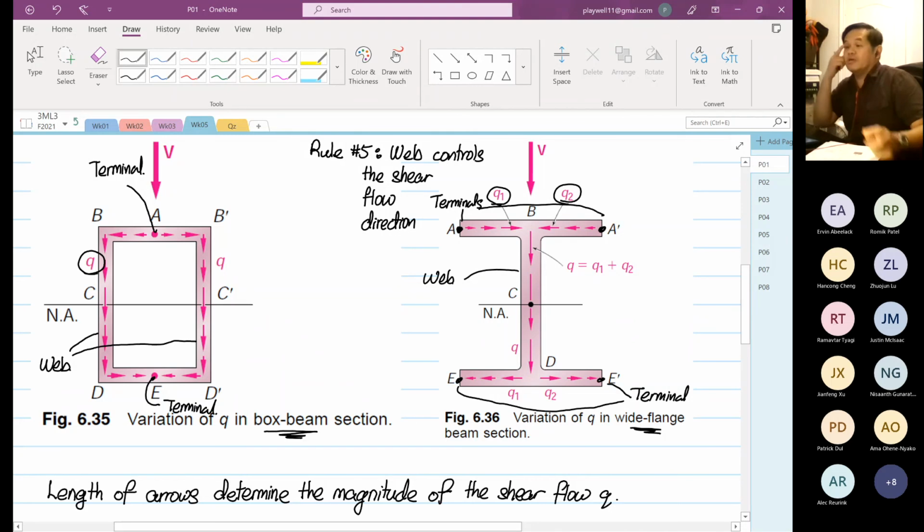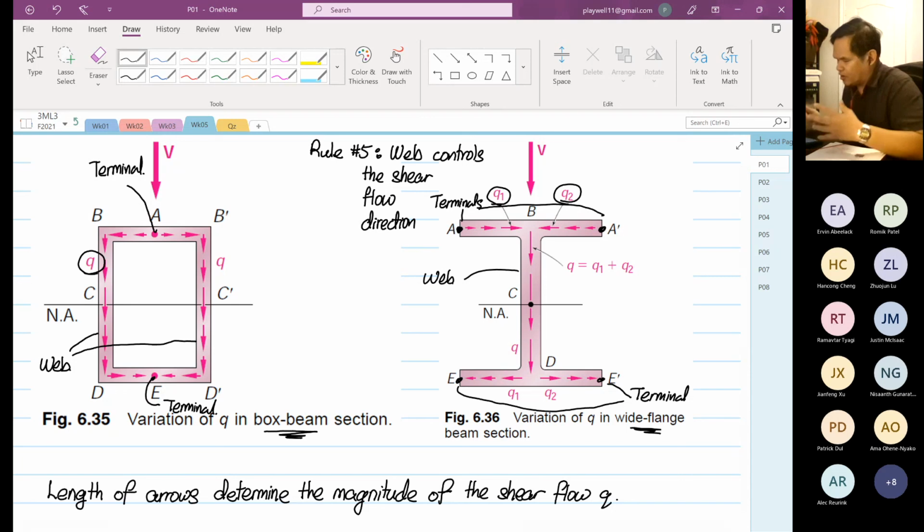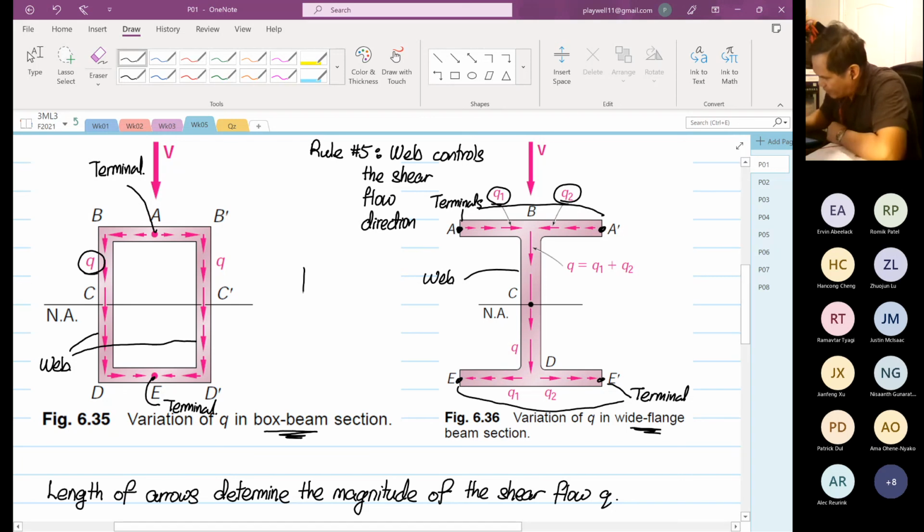Now, why is that important? This is how you construct your shear flow. So now if I'm going to sketch our box beam without a shear flow, right?